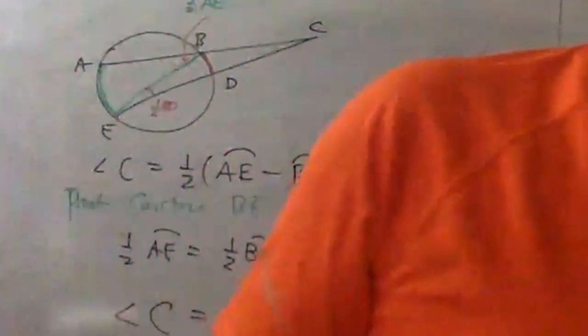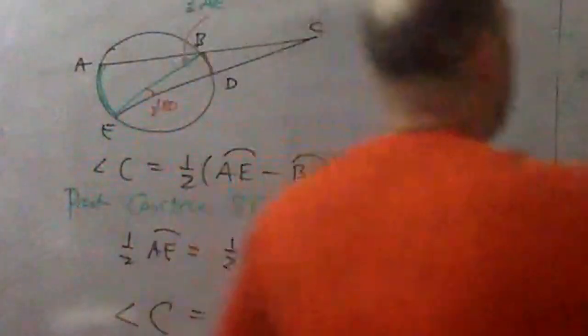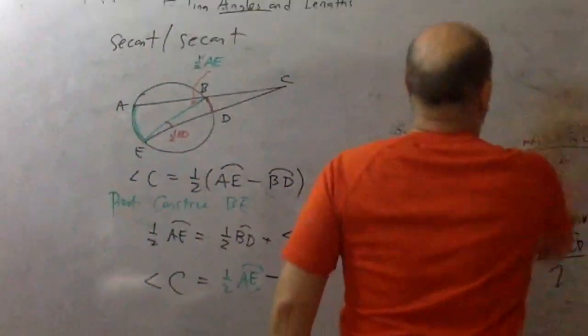So I'm just going to put the formulas up for the other two. The other two combinations are secant-tangent, and tangent-tangent. It's the same idea. So let's just do secant, tangent. You have a circle, and you have a secant and a tangent segment.